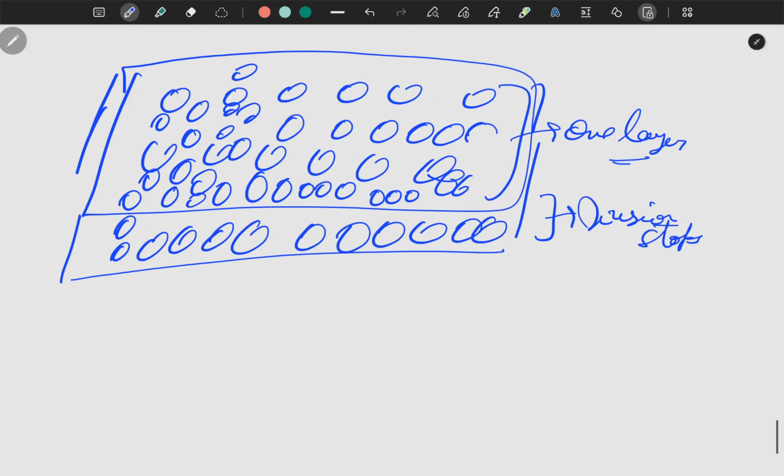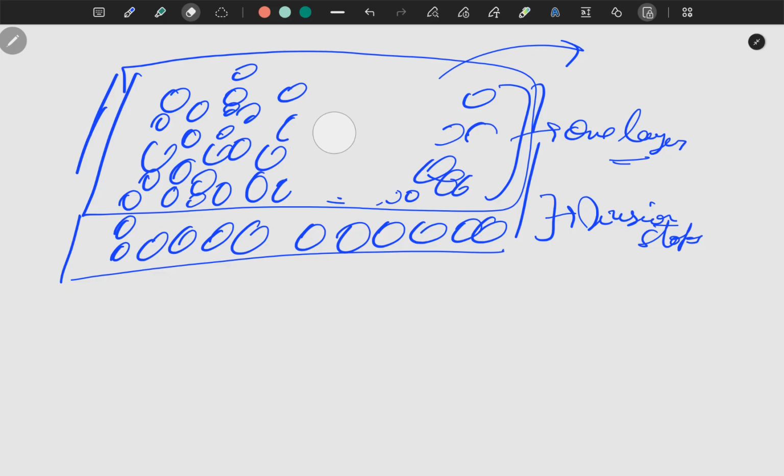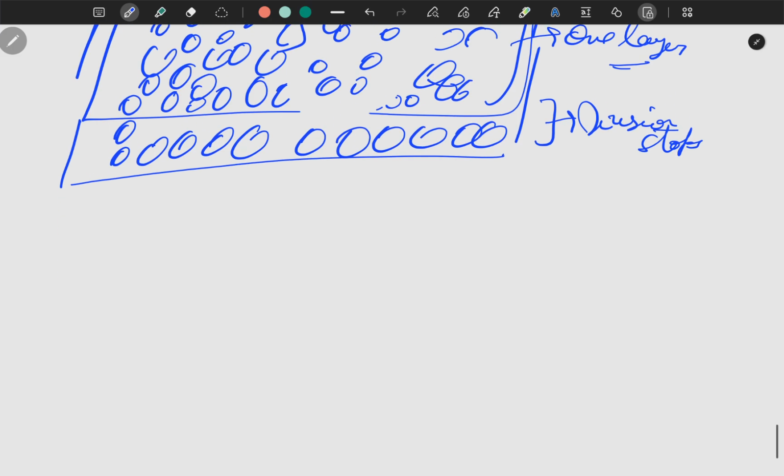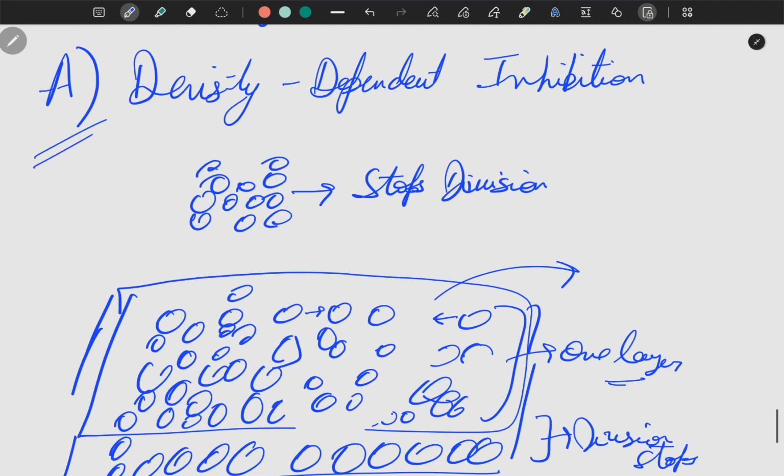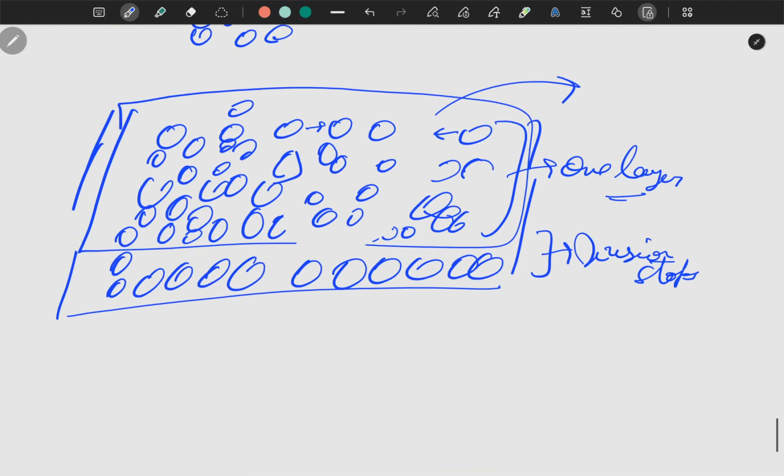Now what happens if you scoop some of the cells out? The division starts again. The cells, where this space is empty, start to divide again until the gap is filled. This is called density dependent inhibition. Why does this happen?